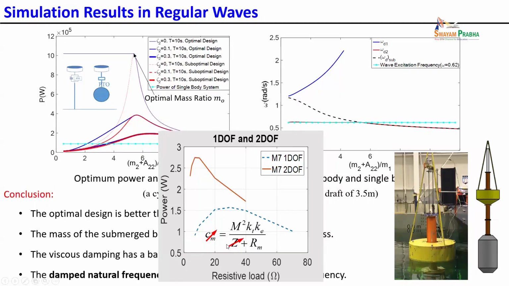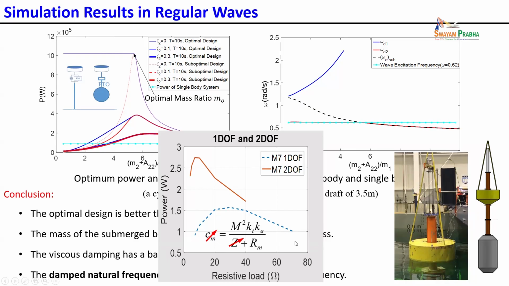And as I mentioned, if you shunt the system with a resistor, you can achieve the damping. When you change the damping, it looks like you change the PTO damping. So this dotted line shows a one-degree-of-freedom system for one particular wave input. And you change the damping, the power output will be different.